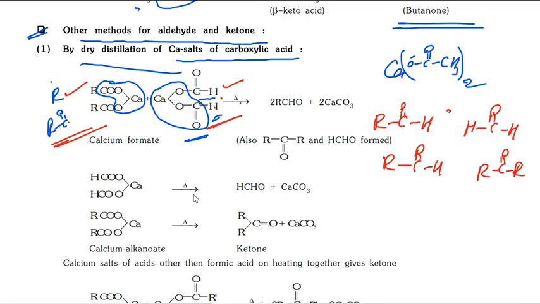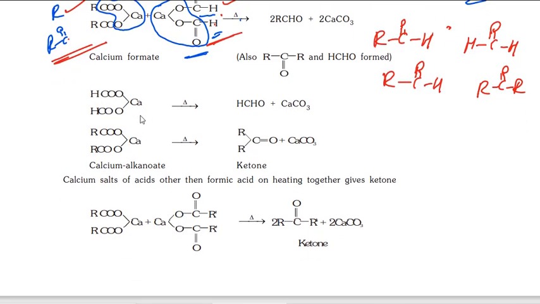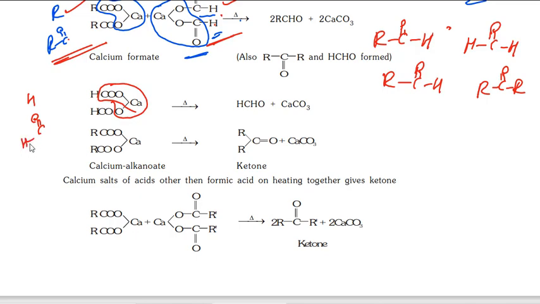A mixture of compounds. Suppose you want to prepare only one pure compound, aldehyde, then you take only one calcium carboxylate. So here calcium carbonate is forming like this. What is generated here? One is hydrogen, the other one is C double bond OH.